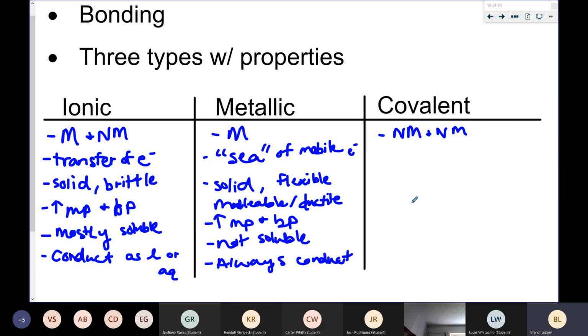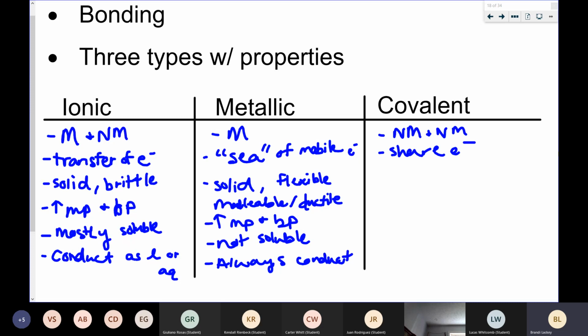And then scooching over to covalent. So covalent, or molecular, excuse me, was between nonmetals and nonmetals. So we're not dealing with charges or anything like that. What's happening here is we are sharing electrons. That's where we form those bonds that have two electrons that belong to both atoms.